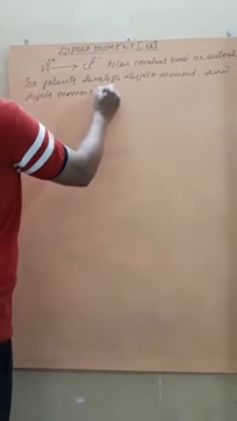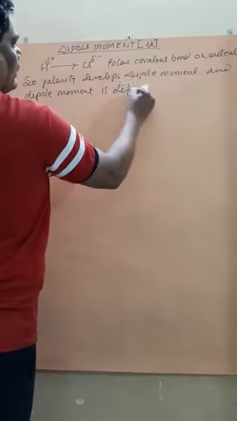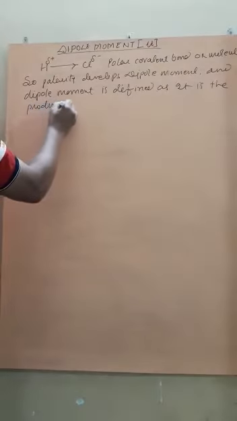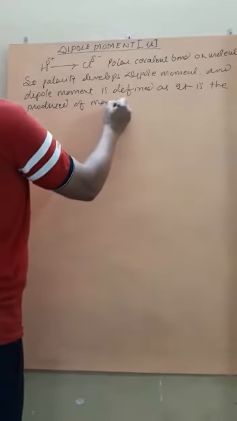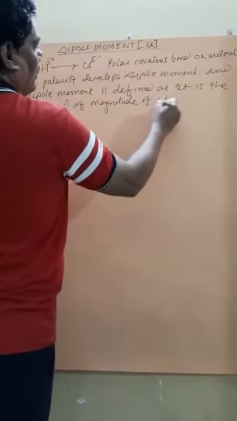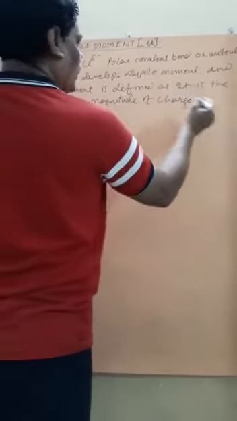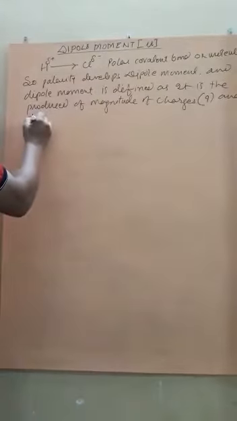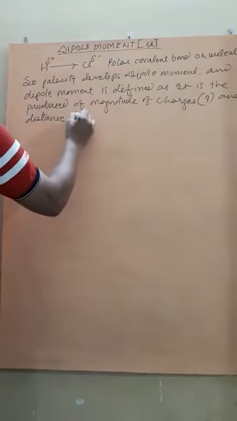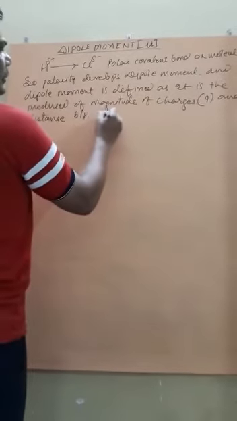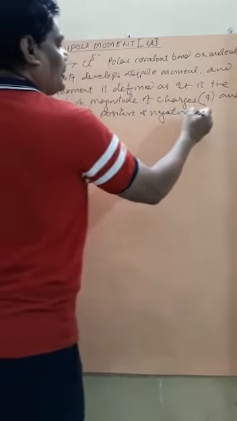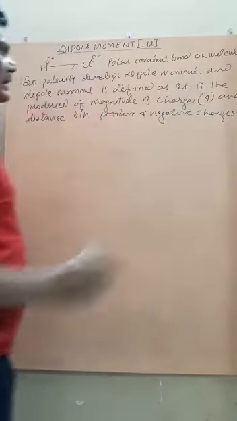Dipole moment is defined as the product of the magnitude of charges, which you can call Q, and the distance between the positive and negative charges.